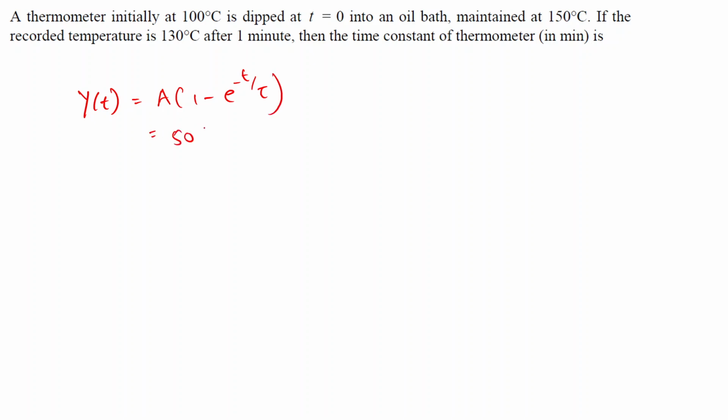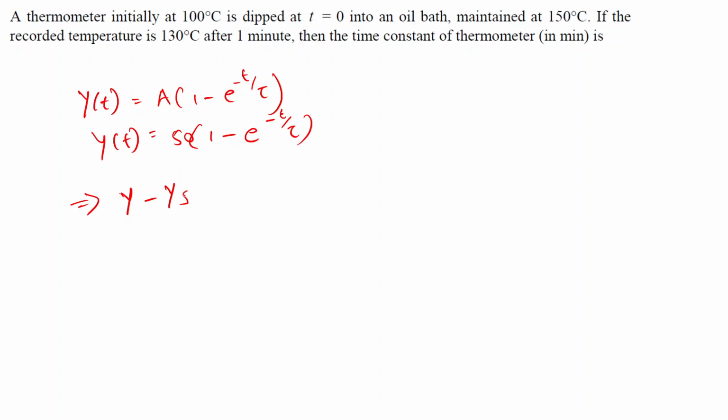A is 50, into 1 minus e raised to minus t upon tau, is equal to y of t, and y of t we can write as y minus y s.